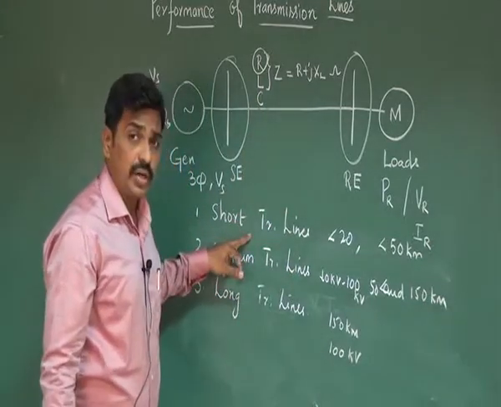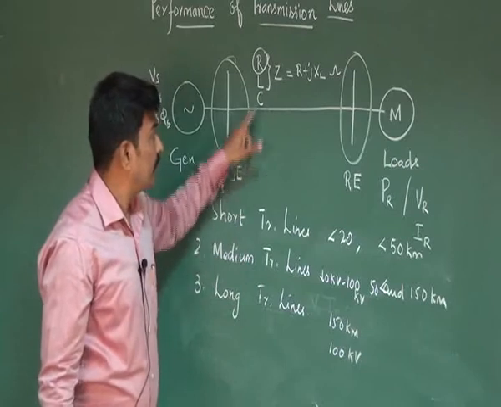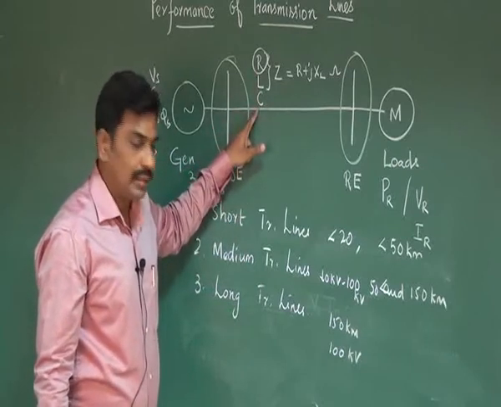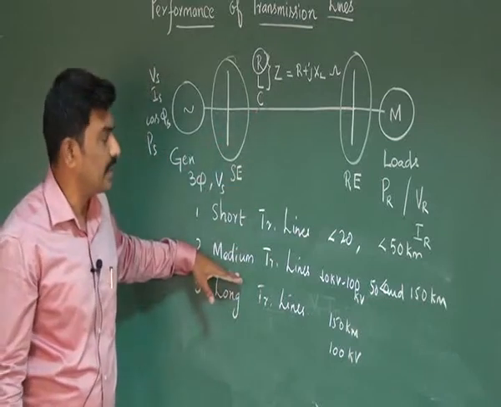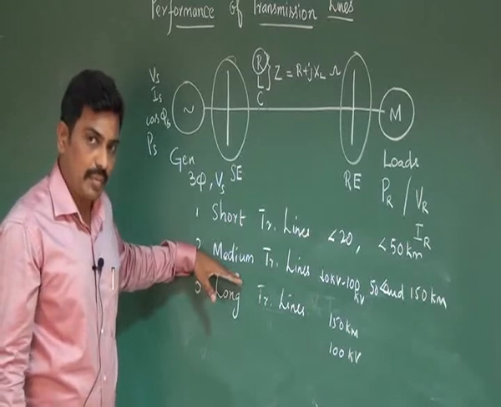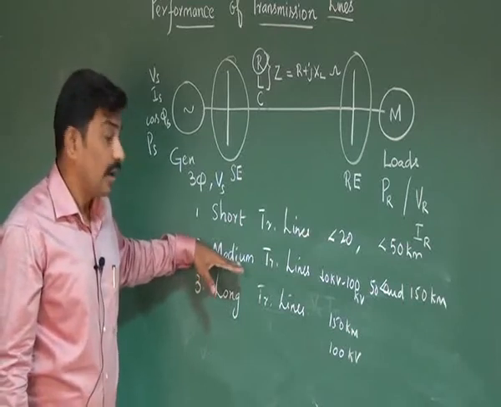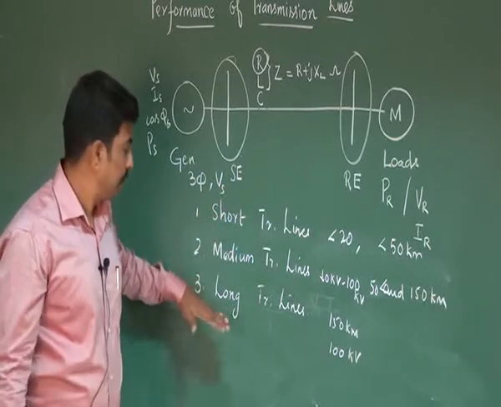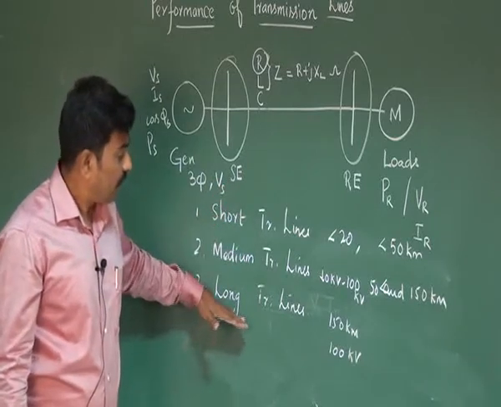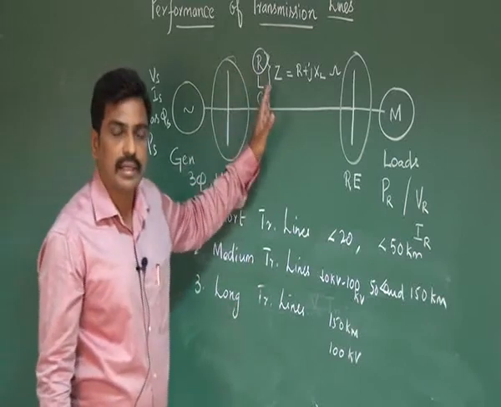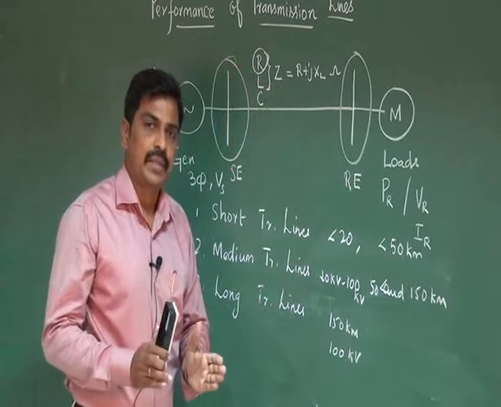Here, for short transmission lines, we are going to consider only R and L. C can be neglected. For medium transmission lines, we are going to consider all the three parameters as lumped parameters, but how we are going to localize the effect of capacitance, that is another matter. But for the long transmission lines, we should consider all the three parameters as such.